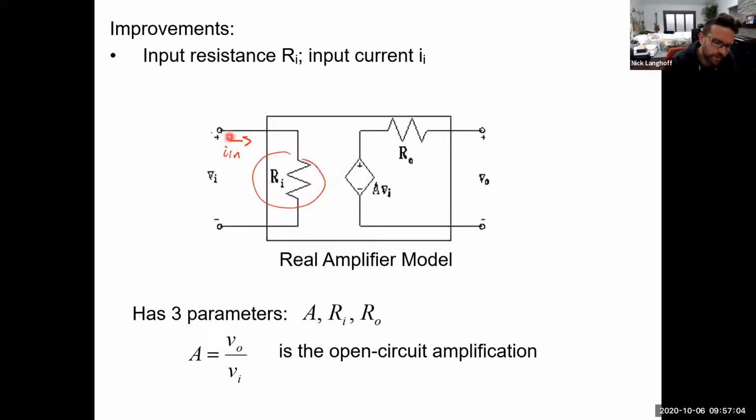So if you apply a voltage source here, if you apply some voltage to the system, there's going to be some current that's going to flow into the input of the amplifier, which is Rin.